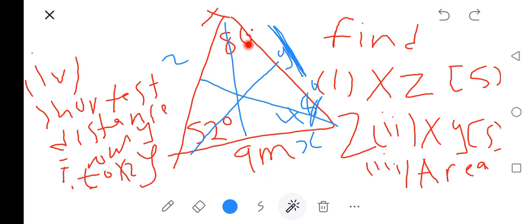Our big x is 80. Our small y, there's nothing, so it's just y. Our big y is 52. Our big z there is 48, and our small z, there's nothing.